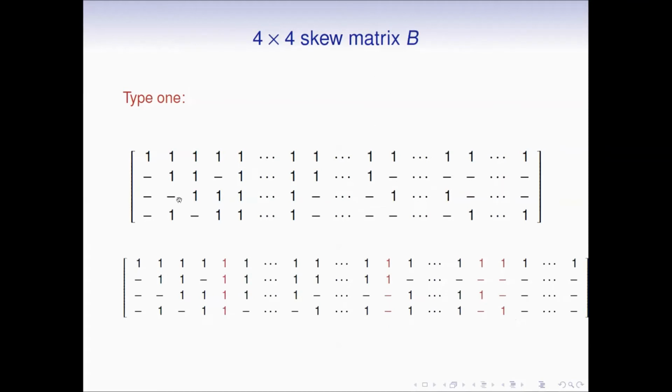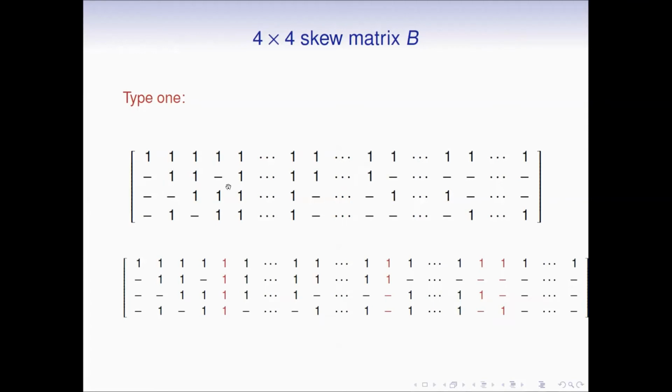For matrix B, here is matrix B in the first 4 columns. There are 2 possibilities for the other columns. Here you can see, the first example cannot be possible in a Skew-Hadamard matrix, because if we look at the first 4 columns, it will be of type 0.